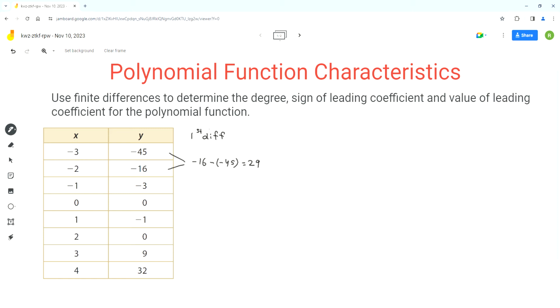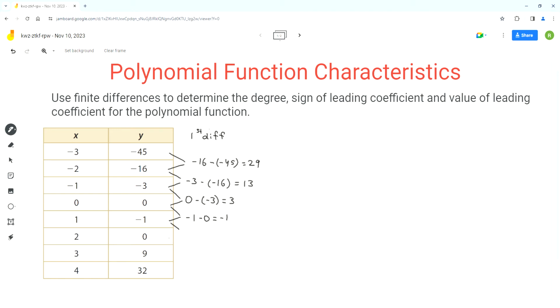Now we have to repeat this step down this column. Next we do it for negative 3 and negative 16. So negative 3 minus negative 16, this is equal to 13. And then we do 0 minus negative 3, which is equal to positive 3. And then we do negative 1 minus 0, which is equal to negative 1.